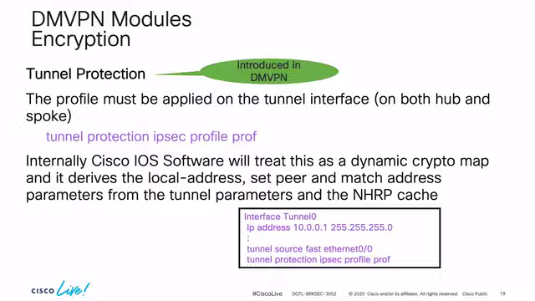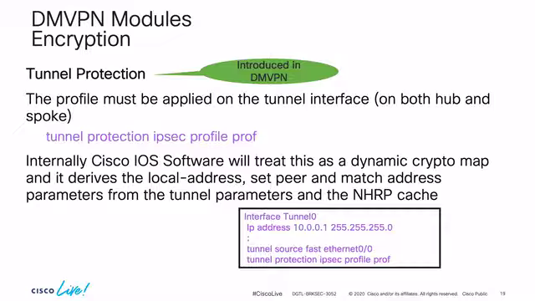So basically with tunnel protection, you don't have to define this crypto map. Just by associating the tunnel protection with the IPsec profile and applying it on the tunnel interface, the Cisco IOS software is going to create a dynamic crypto map automatically.